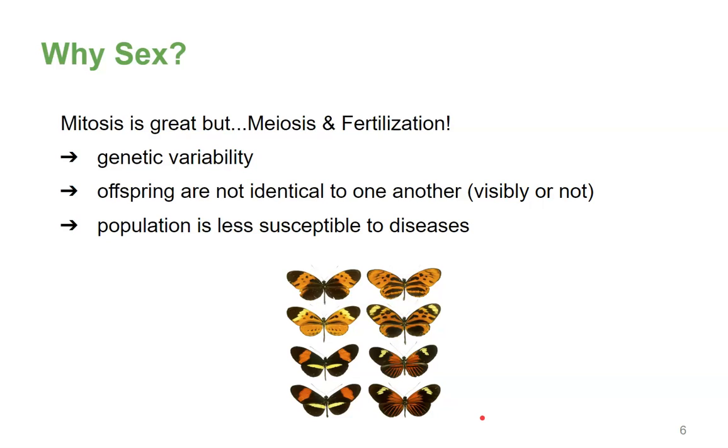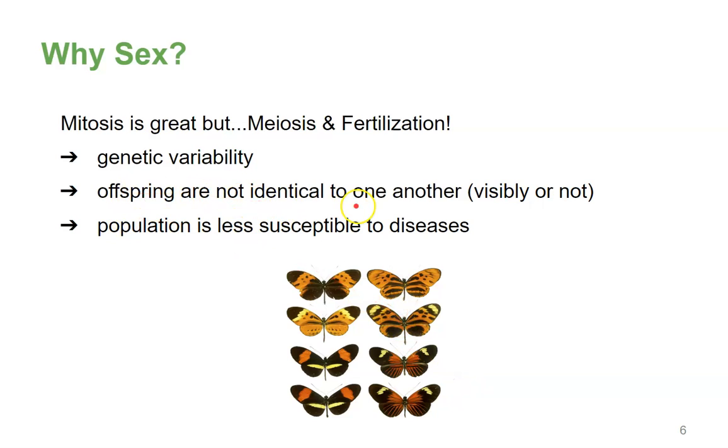Genetic variability is good because there's always evolution and adaptation going on in the environment, and you need to produce offspring that can withstand or evolve or adapt to those different environments in different situations. So creating offspring that are more likely to survive because they have more variability, that's better than creating offspring that are exactly like you and maybe not as adapted to the environment.